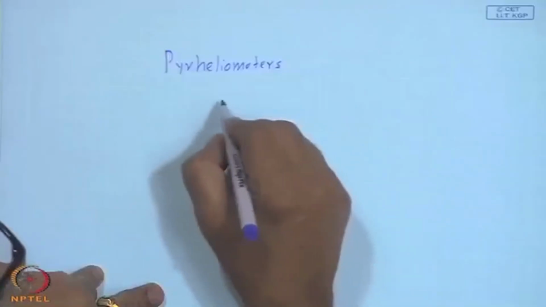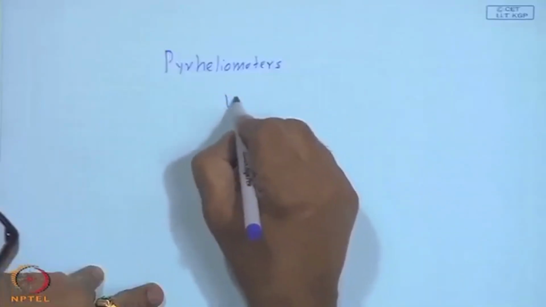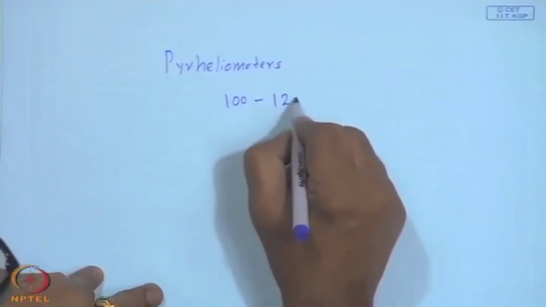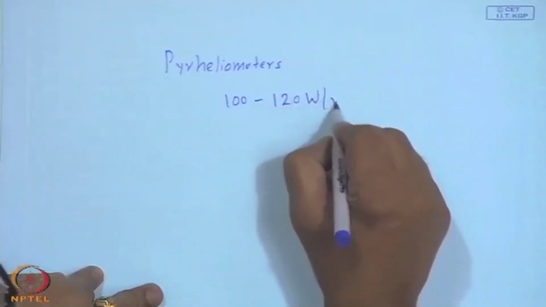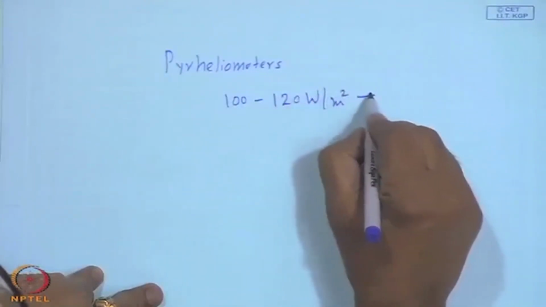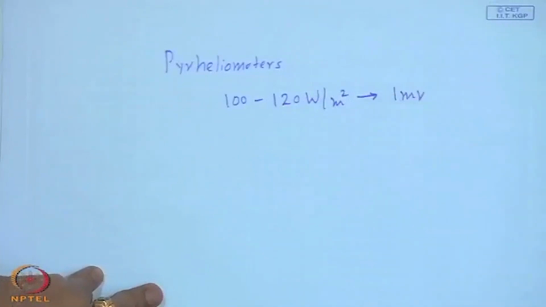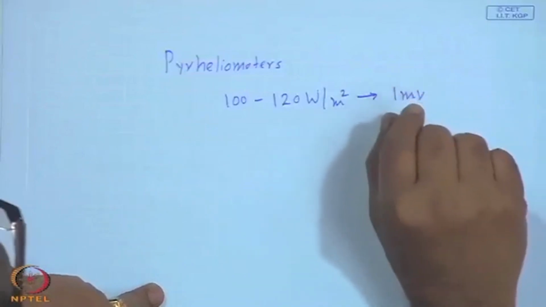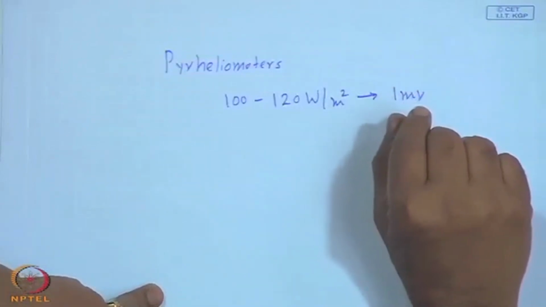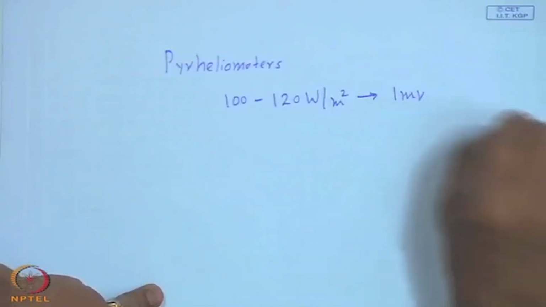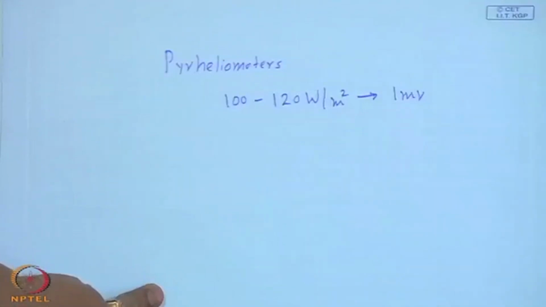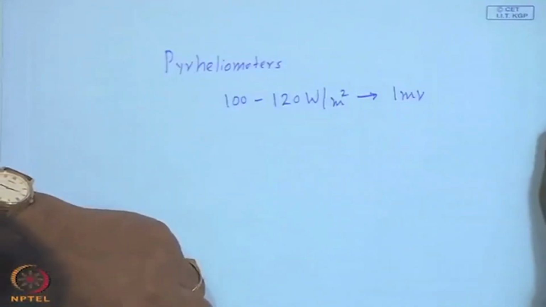Most of the pyranometers which are in commercial use produce about 1 millivolt for 100 to 120 watts per meter square of solar radiation intensity. The sensor is placed inside a hermetically sealed spherical lamp bulb filled with dry air. This is to reduce convective losses.